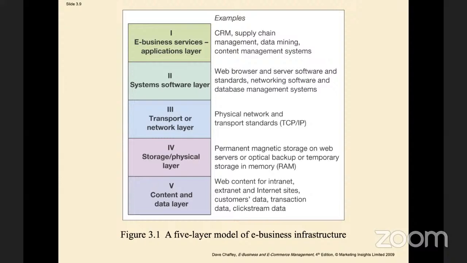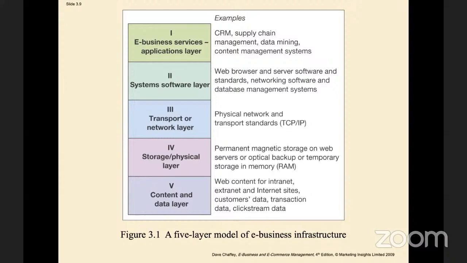Now we see each one with an example, like e-business services and applications layer. Here come customer relationship management, supply chain management, data mining, content management systems. In the systems software layer, what comes is web browser and server software and standards, networking software and database management systems.